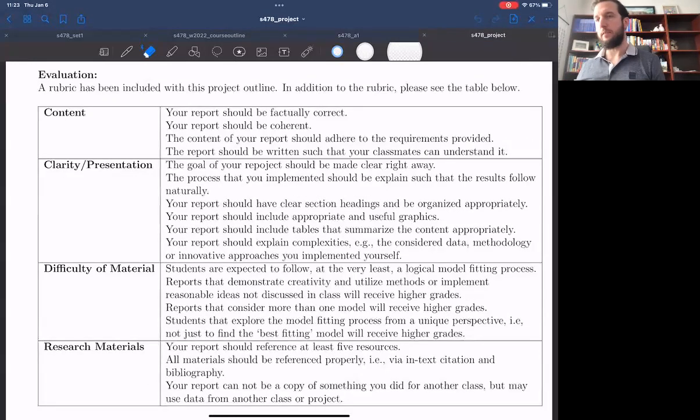And then the project write-up that's shown here and the description of said project is also given in the course content folder of the course website, and you can start hunting for data as soon as you want. As I mentioned before, really all you're looking for is a data set with more than 4 or 5 variables in it so that you can at least perform some kind of variable selection process.